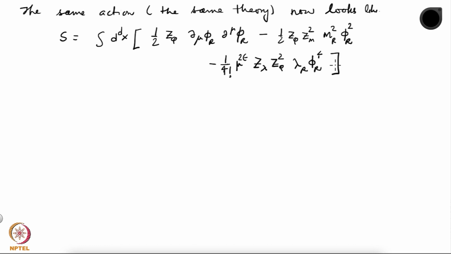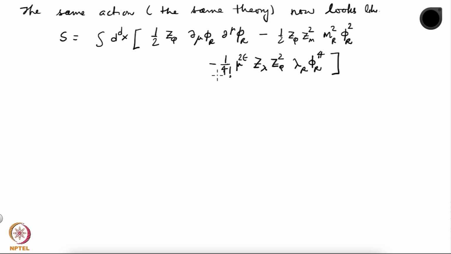Let's check whether this is correct. Because you had phi to the 4, it will bring 4 powers of square root of z phi, that makes z phi square, and then we had lambda here, and that brings z lambda, and the mu to the 2 epsilon which was present, and minus 1 over 4 factorial. So that is how the action looks now for the same theory.